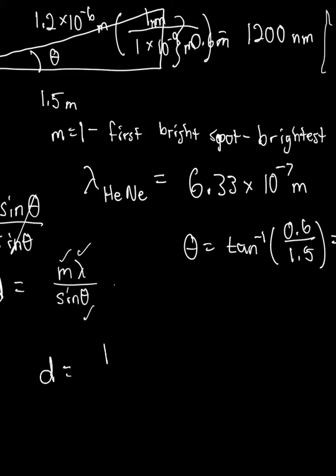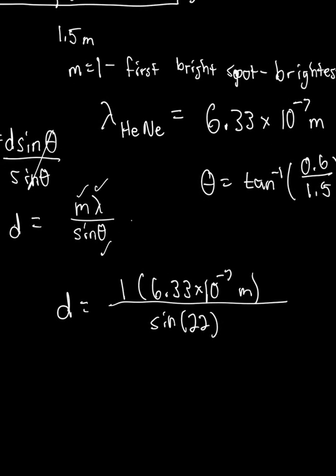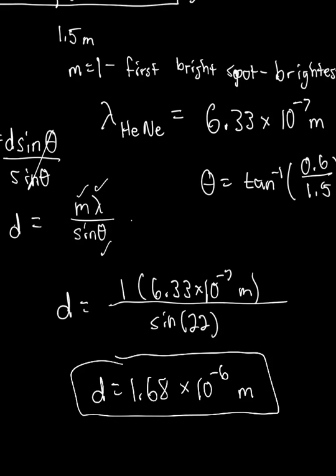D equals 1 times 6.33 times 10 to the negative 7 meters, all divided by the sine of 22 degrees. I plug all of this in, and I get D is equal to 1.68 times 10 to the negative 6 meters. So that's how far apart my slits are.